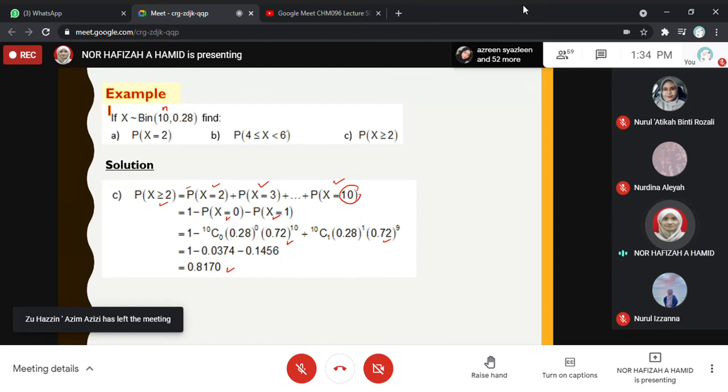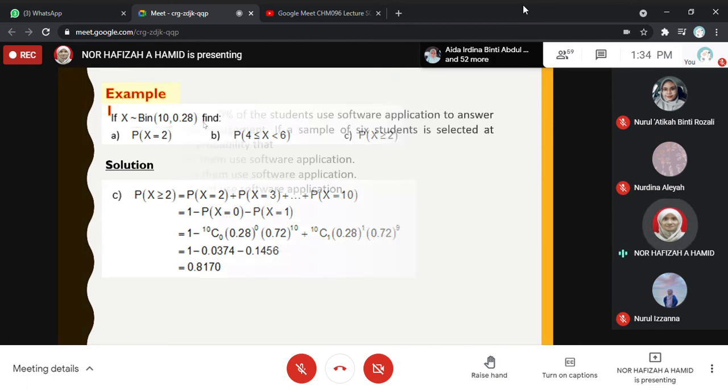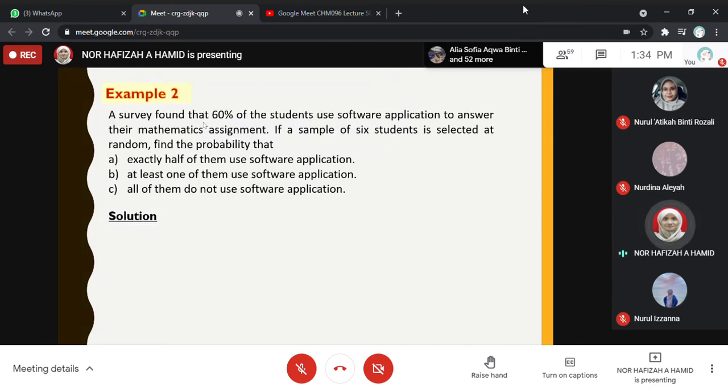This is easy because it directly gives you the binomial distribution. But if you refer to example 2, it gives it in terms of application. A survey found that 60% of the students use a software application. If a sample of 6 students is selected at random, find the probability that exactly half of them use the software application.